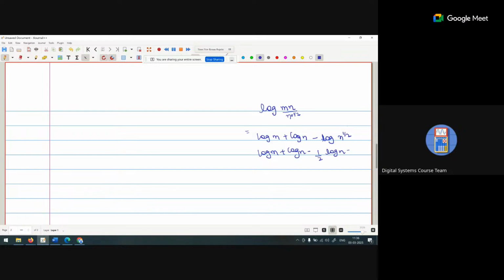It is also possible. Some say log m plus log n minus 1 by 2 log n. That is also possible. Someone again writes log m into n raised to power 1 by 2. It is also possible. So there are four options available. According to this, which option is correct? We have to solve that.